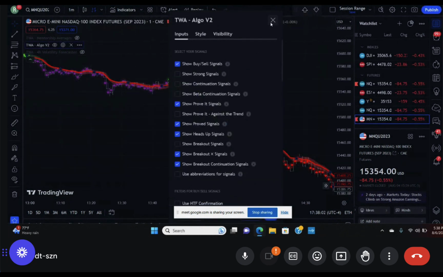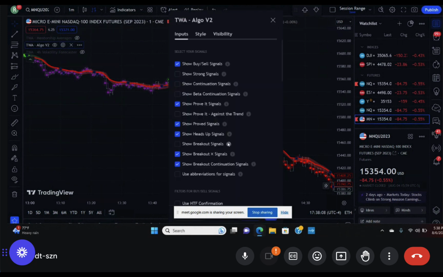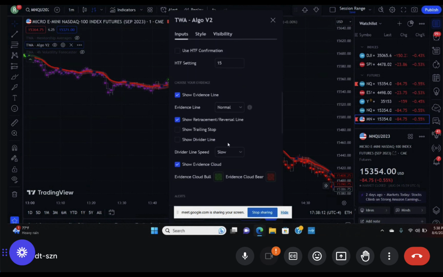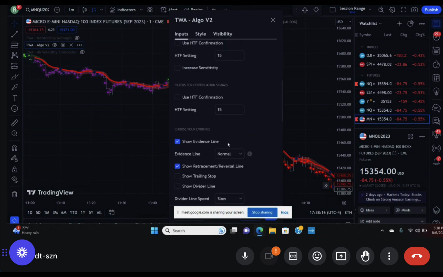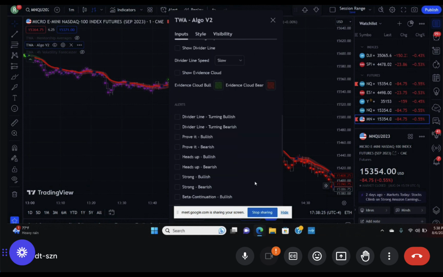I don't want to mess up your settings, so we'll leave the signals on, but let's go down to the tools, and let's turn off the retracement reversal line tool, and then let's turn off the cloud. So turn off this and turn off this. Yeah, we'll hit OK.